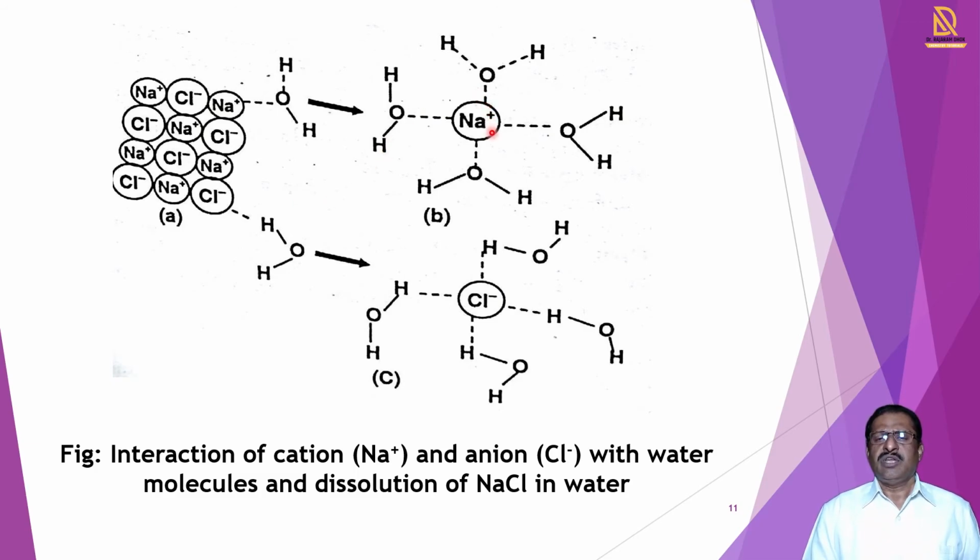You see here, Na is surrounded by a large number of water molecules. One Na is surrounded by 4 water molecules, and the other ion, chlorine, is also surrounded by 4 water molecules, the 4 hydrogens of the 4 water molecules.